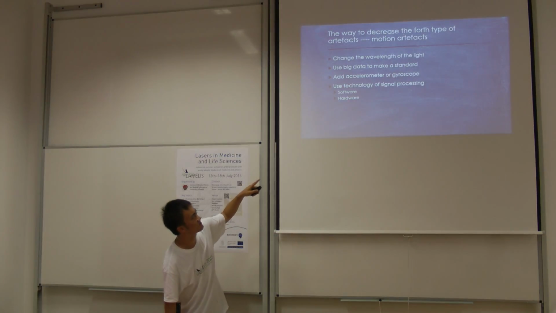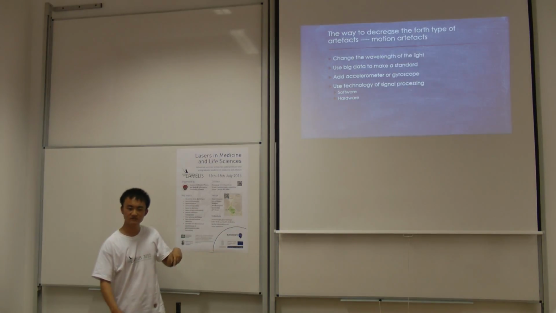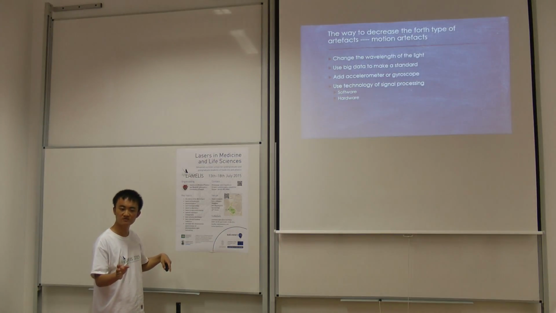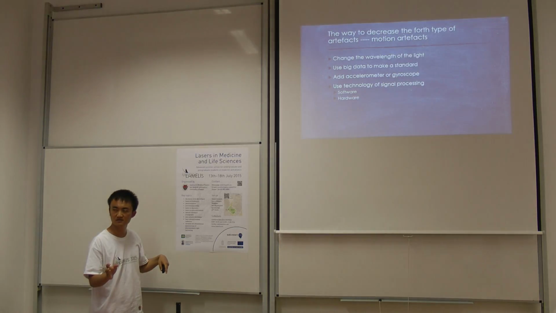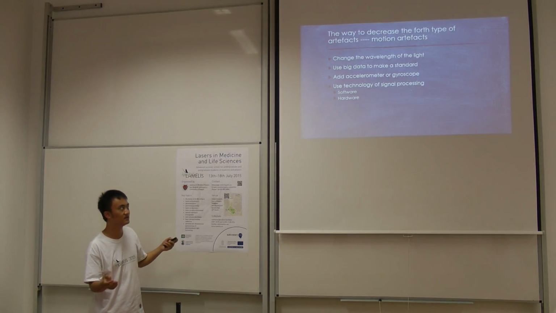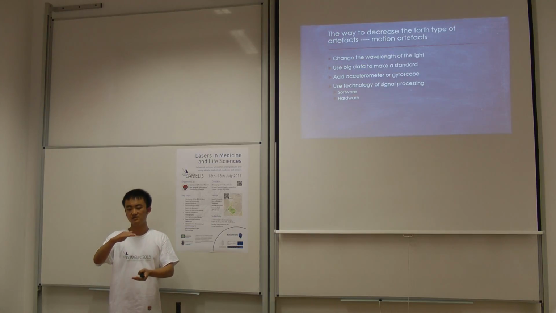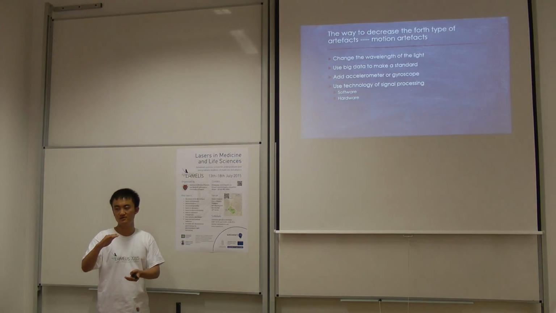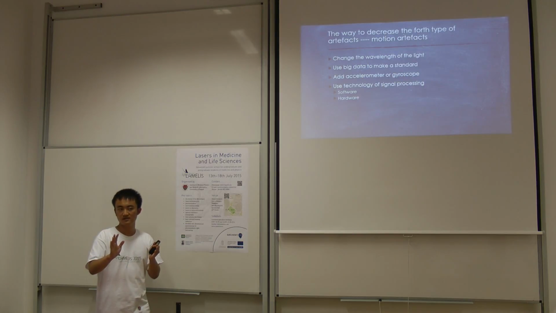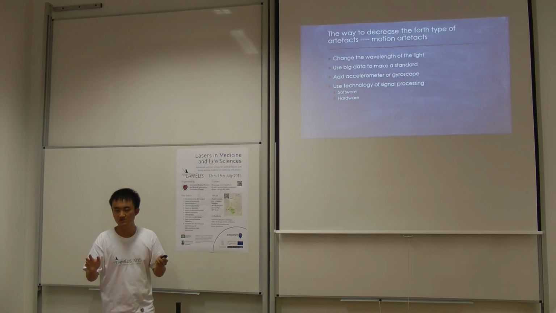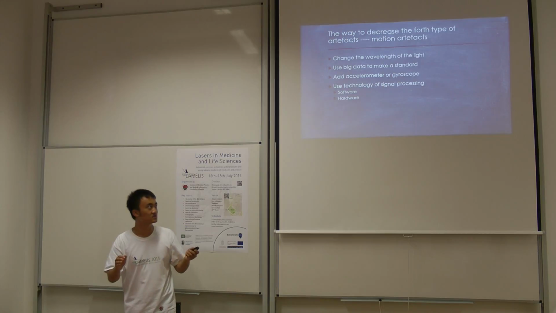For example, we can change the wavelength of the light to one that can be absorbed by the blood more heavily, for example, maybe green light. Then it is supposed that we can get a signal with a higher, bigger amplitude, and with the higher amplitude there is more information inside, so if we use some signal processing, it will not damage the original signal too much.